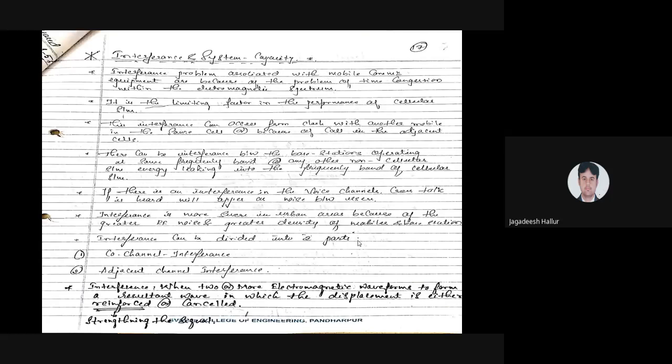Interference has one definition given here: when two or more electromagnetic waveforms combine to form a resultant wave, that is the output wave, in which the displacement is either reinforced or cancelled. At the output, you may get a strengthened signal or it may get cancelled due to the interference of the signal.